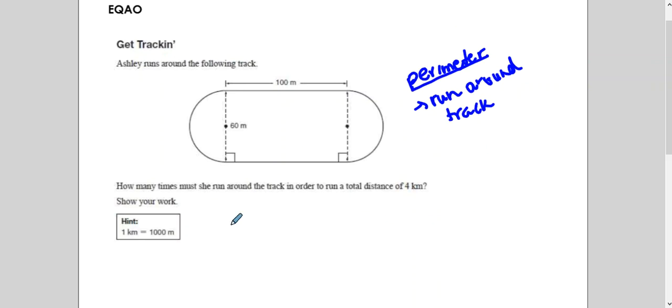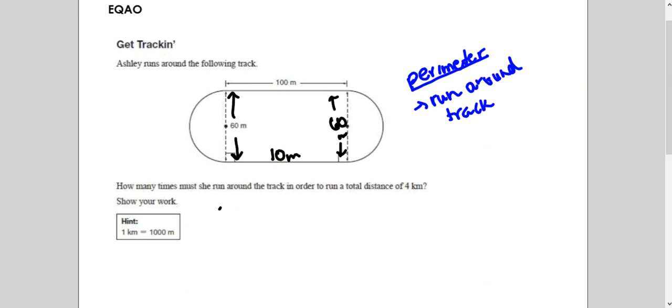So the question is, let's figure out what the perimeter is. All right. So I've got 100 meters. If I look straight across, that's going to be 100 meters. All right. 60 meters is there to there. This is going to be 60 meters as well.